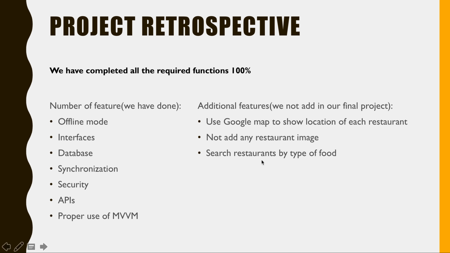And for searching restaurants by type of food, we could not find any solution to deliver this functionality in our final app.